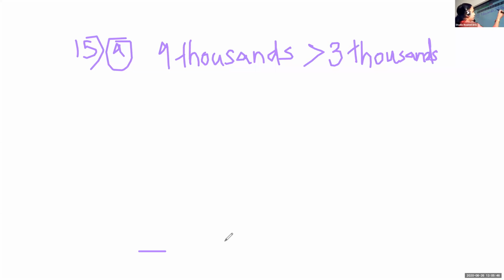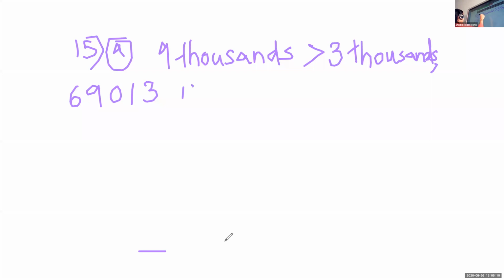Which is the greater number? The number with 9 in the thousands place. So that is 69,013. 69,013 is the greater number.